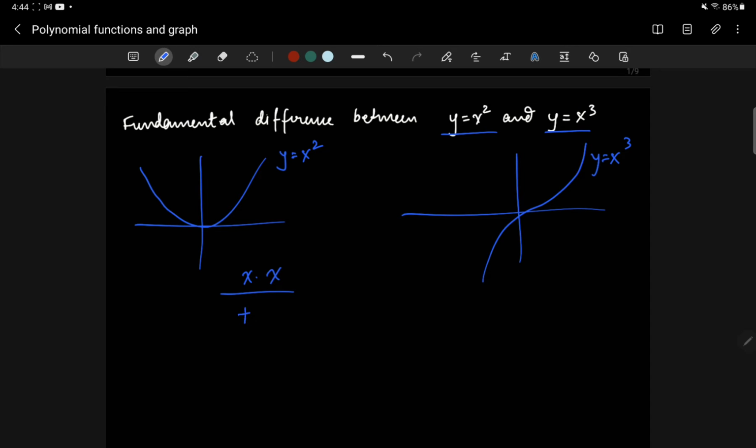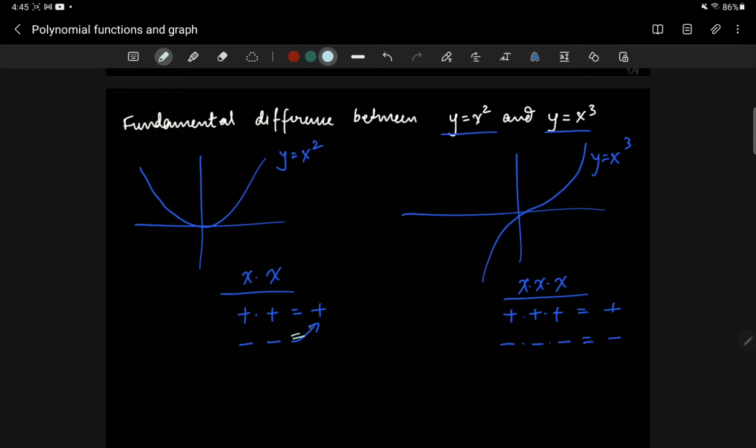Which means positive times positive gives me positive, and negative times negative also gives me a positive. But this is x times x times x. So it's 3 multiplications. So here, positive times positive times positive gives me positive. Negative times negative times negative gives me negative. So that is the fundamental difference in the shape.